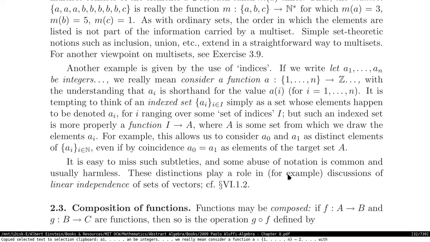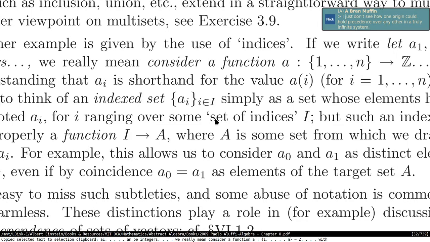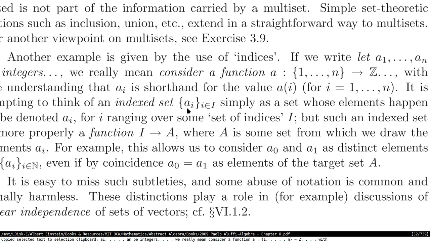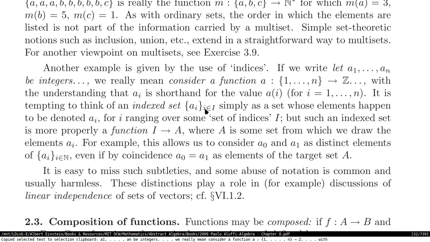It's common to think of the indexed set as the set of a_i, where i belongs to this index set, capital I. So this indexed set is simply a set whose elements happen to be denoted by a_i for i ranging over some set of indices I. That's how we normally want to think about it, but that's not really what it is.